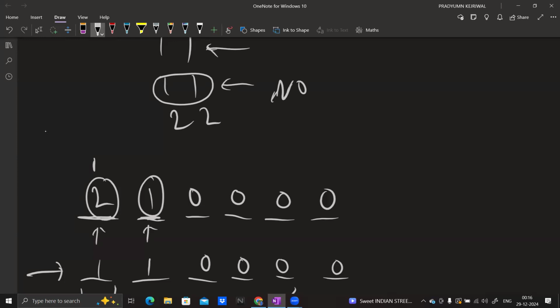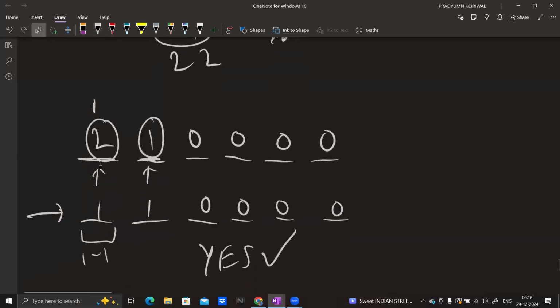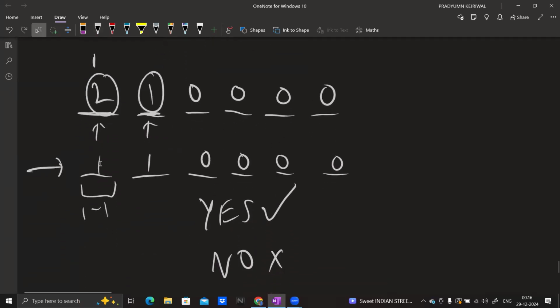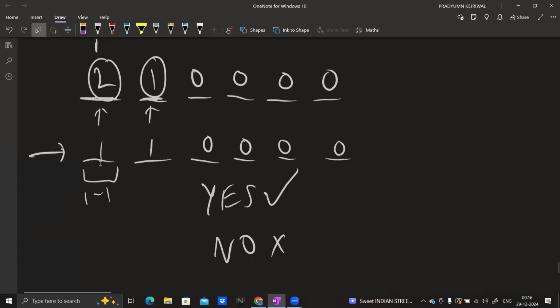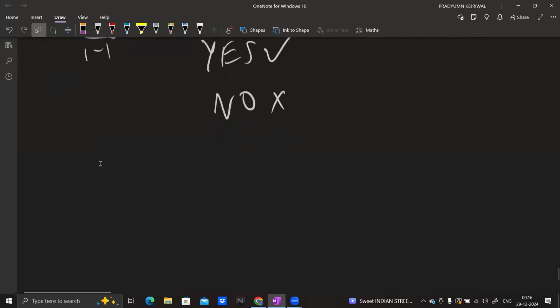So therefore the answer is no. And yes, we can use a map also for this. There are many ways to do this, but this is one way, right? I hope it is clear. If it is not clear, then anyone can tell me, and I'll try to make it more clear.